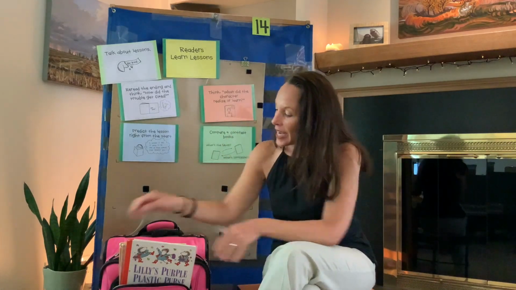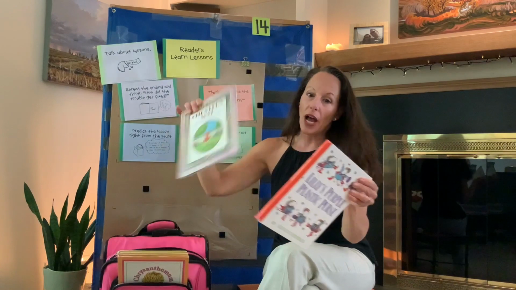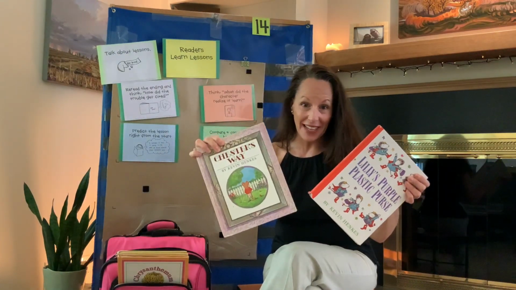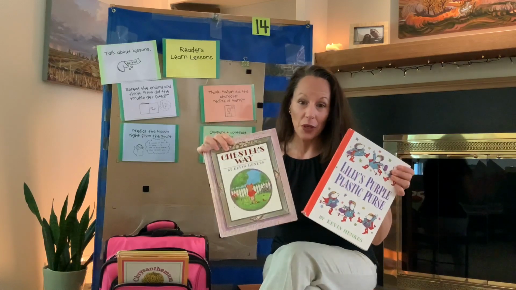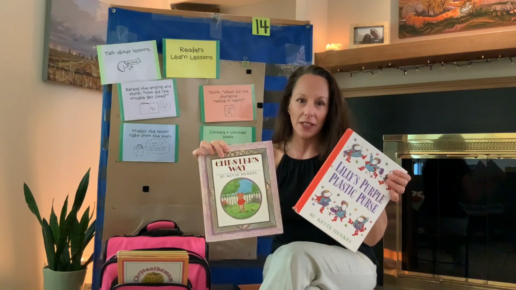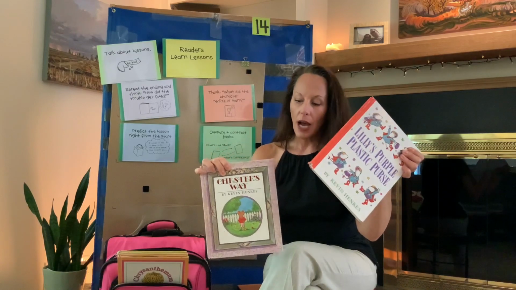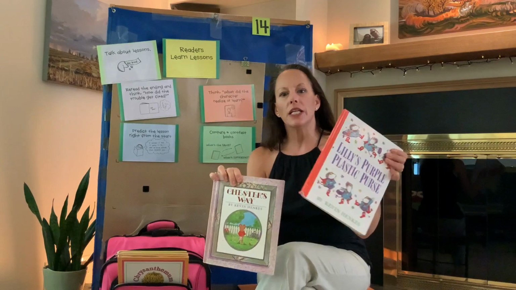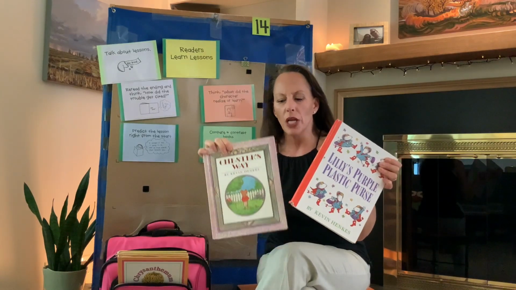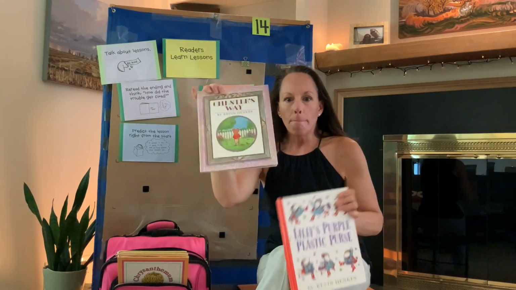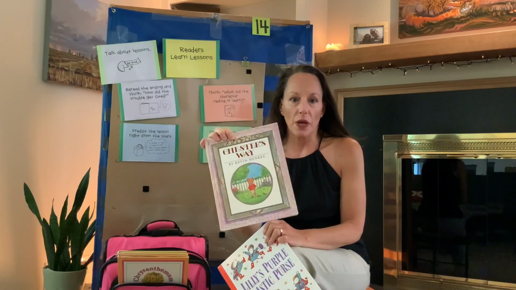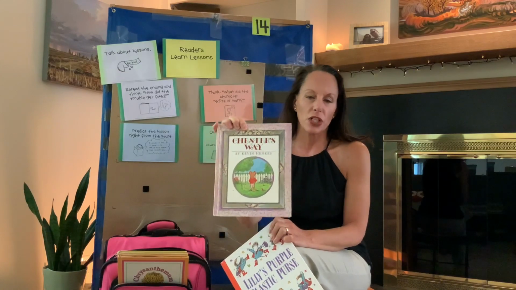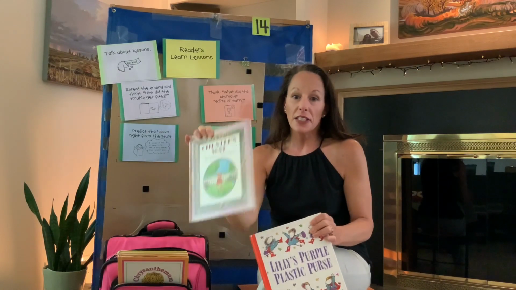Okay? Here's another example. When we read Chester's Way, Lily was in it. So what's the same? Lily's in both of these books, in Chester's Way and Lily's Plastic Purse. In this book, Chester and Wilson are maybe in it in part of it when they're in the classroom, but then mostly we find out this whole book is about the relationship with Chester and Wilson and how they do all the same things and they learn to tie their shoes, and Lily teaches them some stuff.